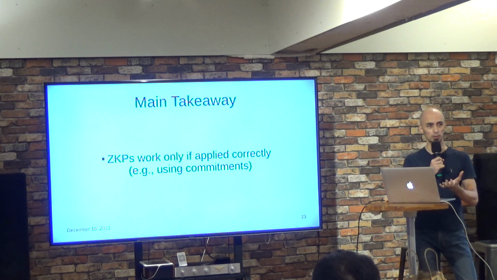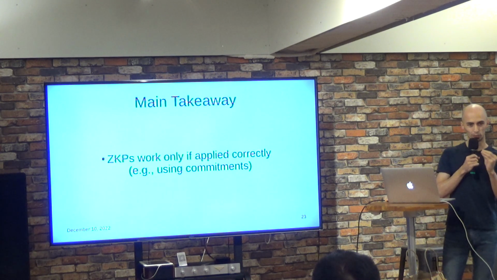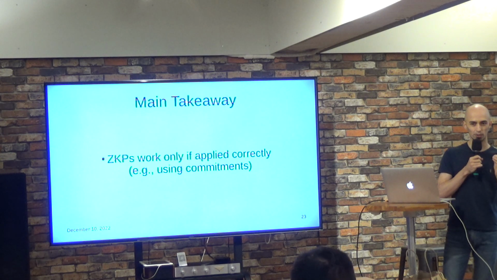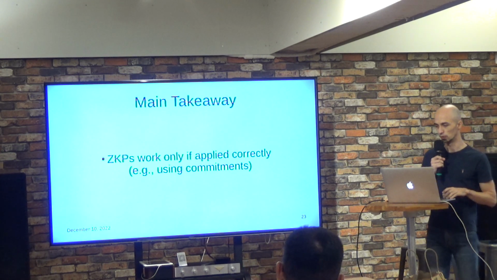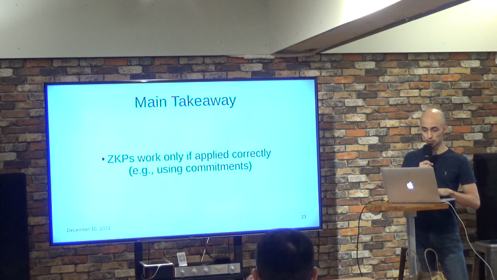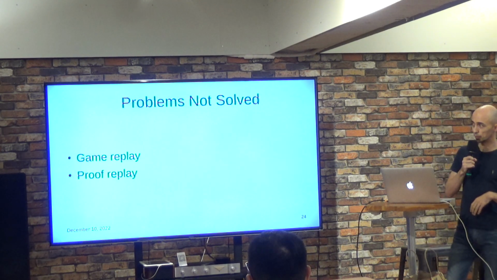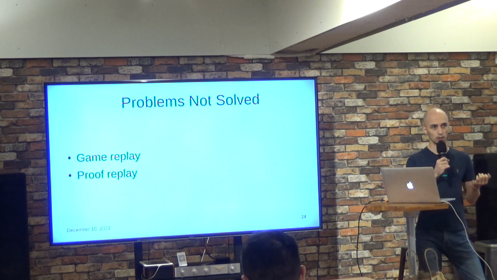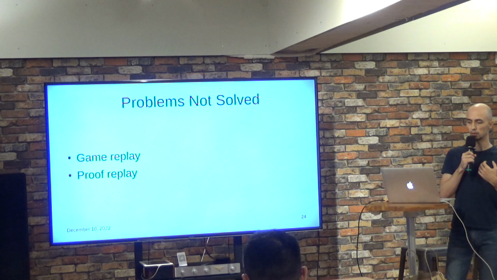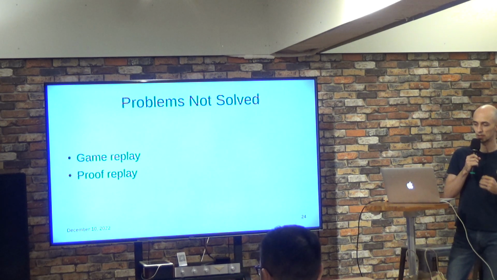So you gotta use the commitment scheme to be able to actually prove something about some real piece of data that exists in the real world. Of course, it was a rather simple example, and there are still some open issues here that this application does not solve.